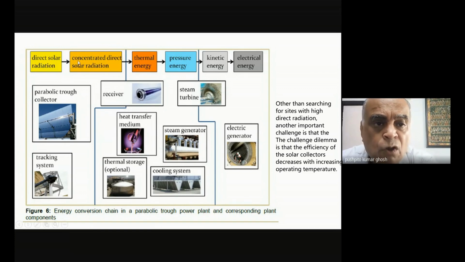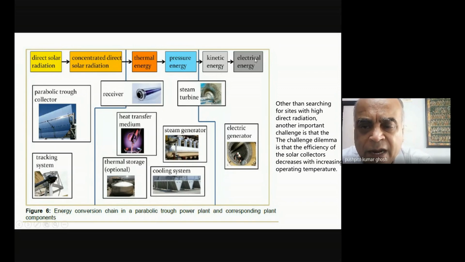Okay. So obviously, then it is concentrated, and then basically you are generating pressure energy in the form of steam. Okay, high pressure steam. Not low pressure steam, high pressure steam, and because of that high pressure, you are effectively converting that into the kinetic energy of the turbine, right?